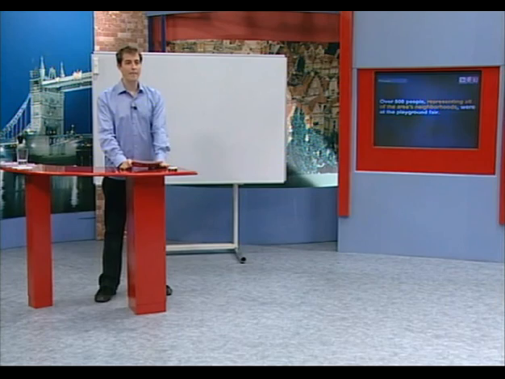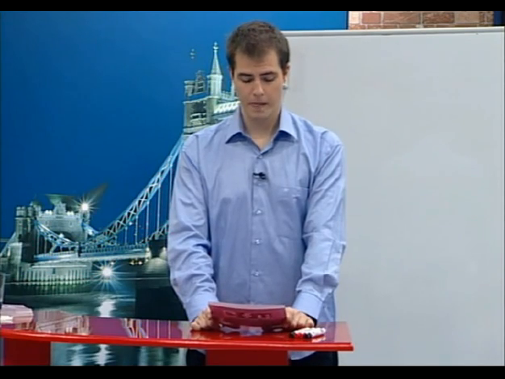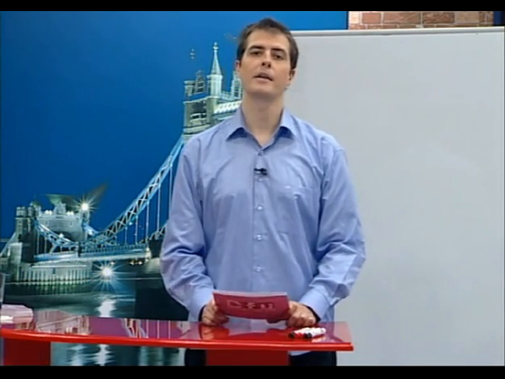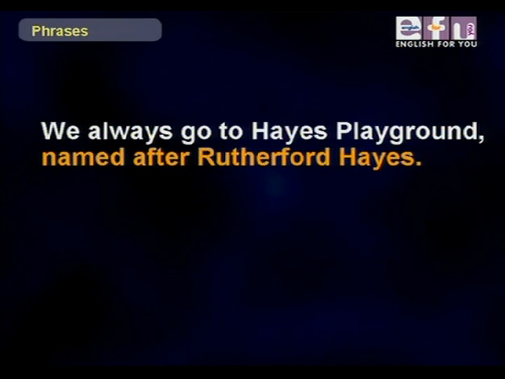Phrases may use a past participle also. These are called past participle phrases. We always go to Hayes Playground, named after Rutherford Hayes. In this sentence, named after Rutherford Hayes is the phrase.